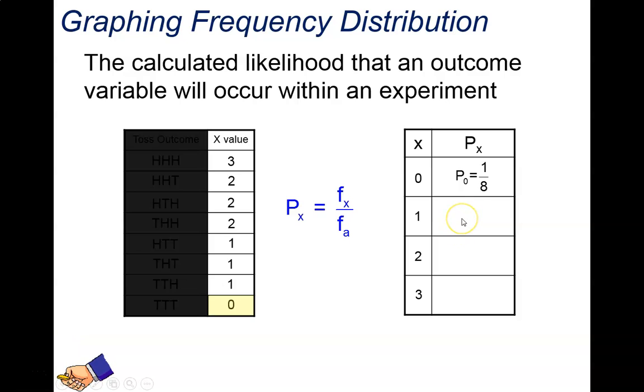Flipping a coin and getting heads once is going to be 3 out of 8, because there's 3. Having it twice would be 3 out of 8. And then getting it 3 times, it's just 1 out of 8 again.